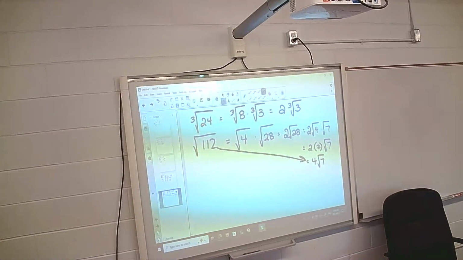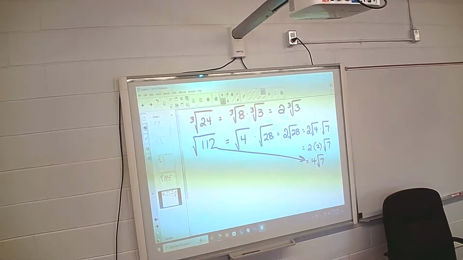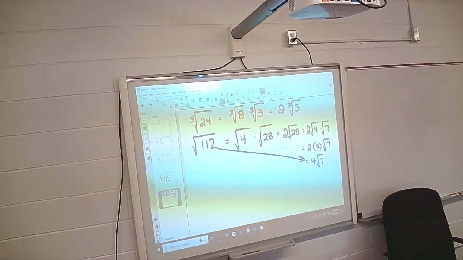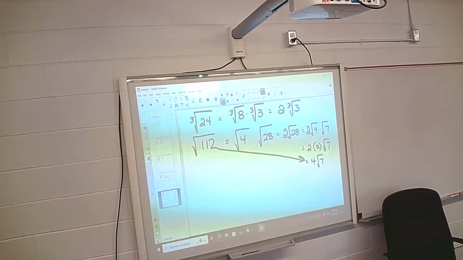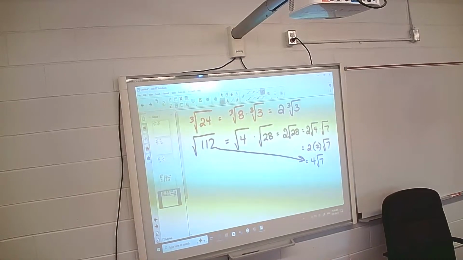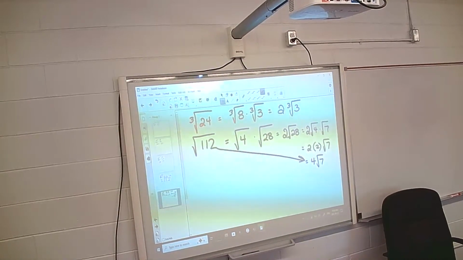Now, was 4 the largest perfect square that went into 112? No. This is going to lead us into the next step. What is the largest perfect square that divides into 112?